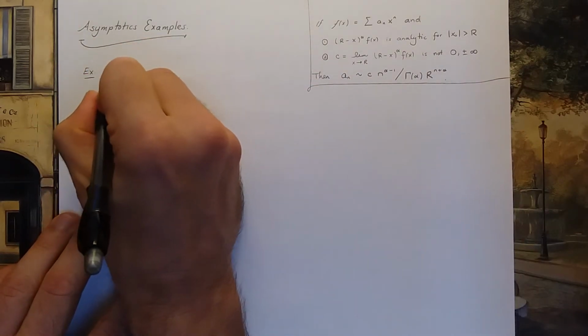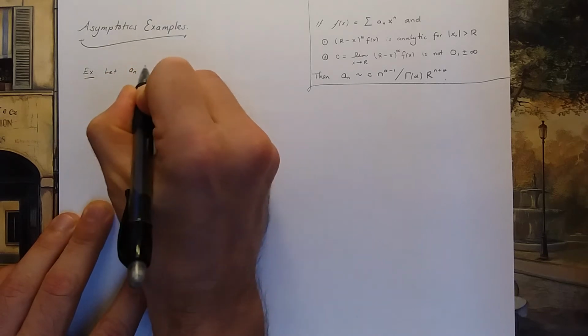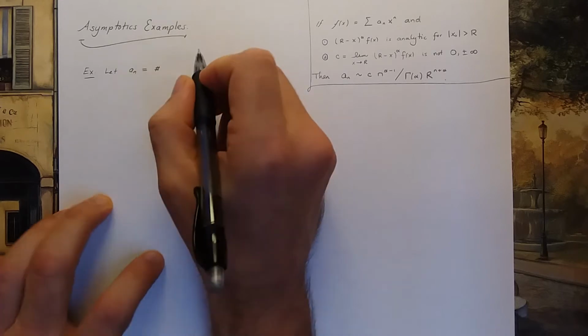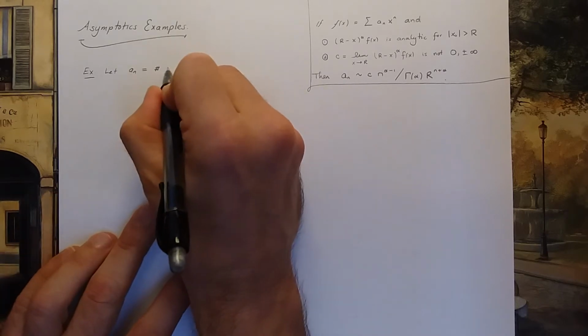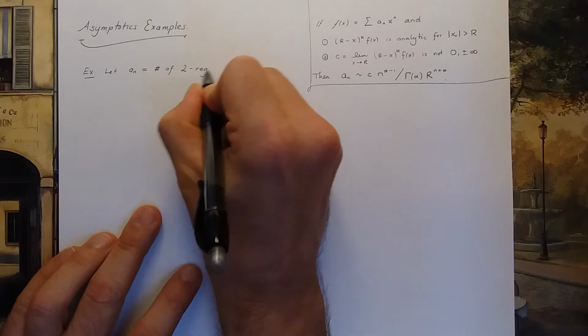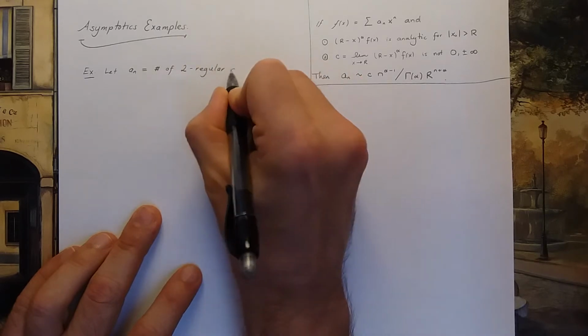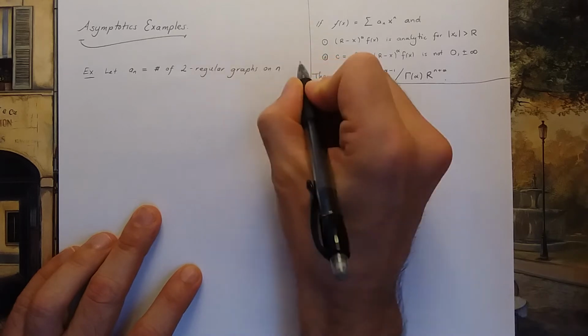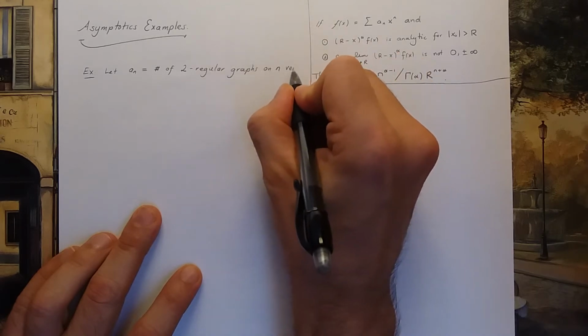So let a_n be the number of two regular graphs on n vertices. So on n labeled vertices.